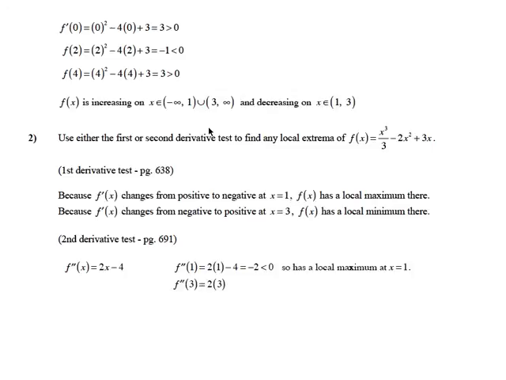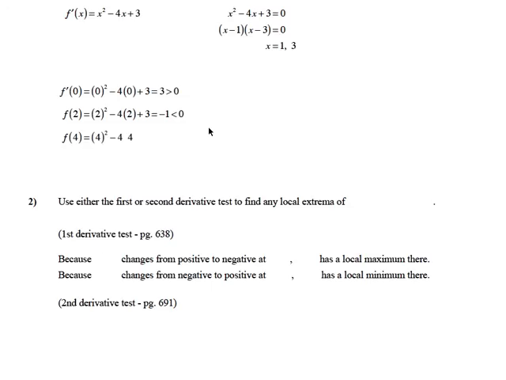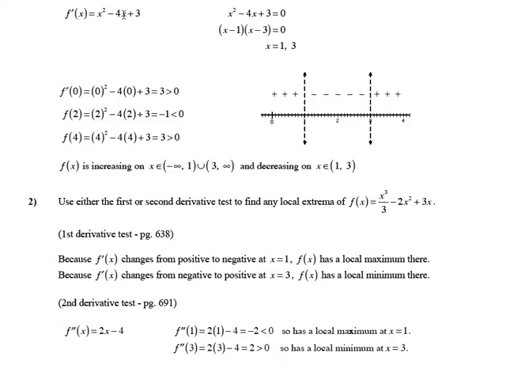Now, to use the second derivative test, we take the second derivative of the function, and that first derivative was, we recall right here, x squared minus 4x plus 3. So we use the power rule to determine the second derivative. 2 comes around front. 2 times x is 2x, and this is a first degree term, so we just retain the coefficient, and so that's negative 4, so the second derivative is 2x minus 4.